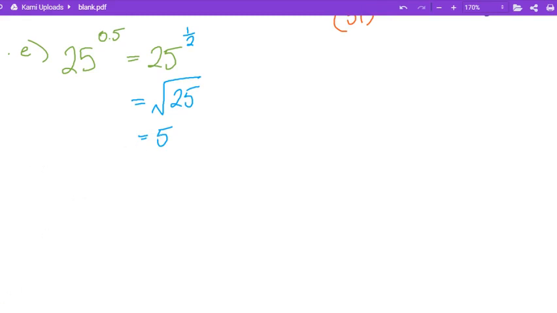Okay, let's do L. That is a nice whopper for you. Now I want you to write this first in radical form. Yes, you could pop this into your calculator, but on the quiz, you're going to get half a mark for knowing how to use your calculator, right?